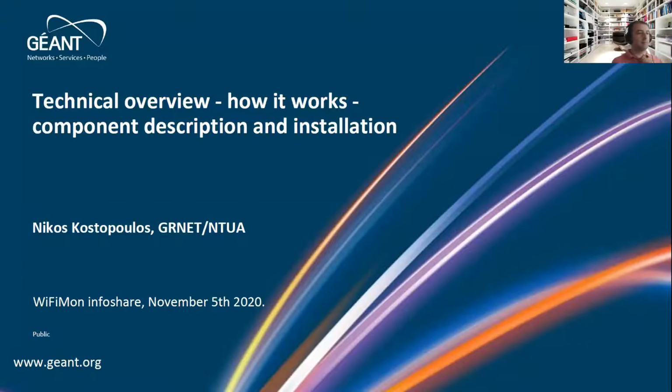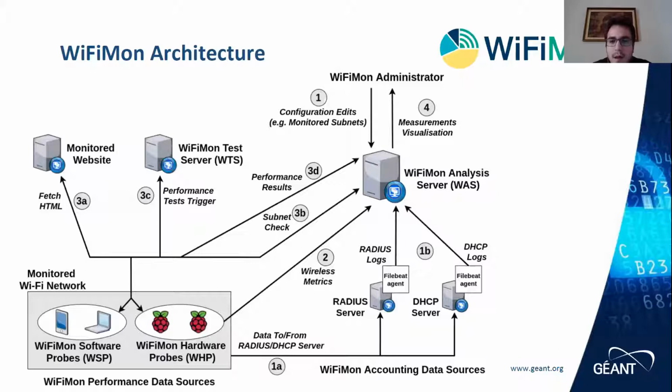I'm Nikos, and I will present more technical details about the components that WiFiMon uses and its technology. First, I will start with a figure that presents the overall architecture of WiFiMon. As you may see, there is a WiFiMon administrator who performs some edits in a component called the WiFiMon analysis server.